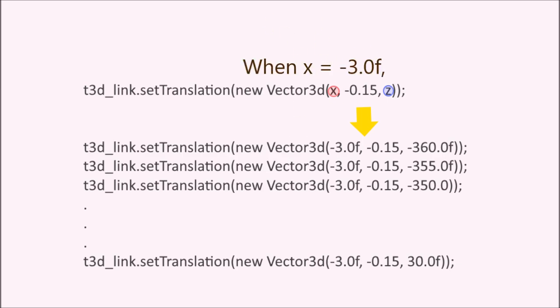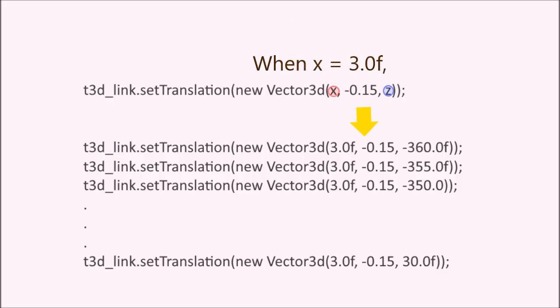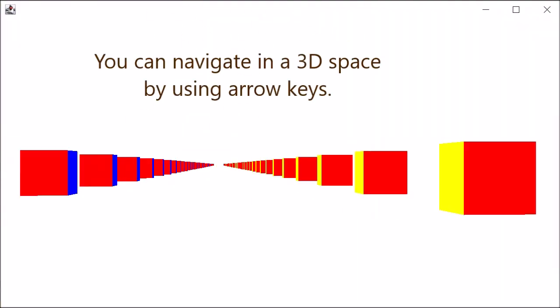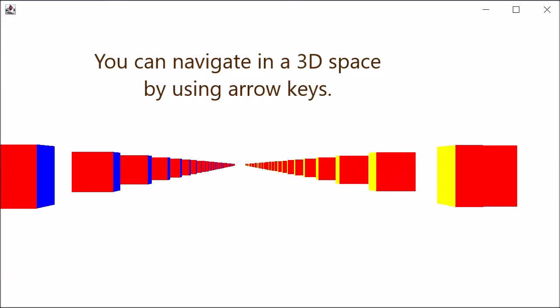When x equals -3.0f, and when x equals 3.0f, as a result, color cubes are placed like this. You can navigate in a 3D space by using arrow keys.